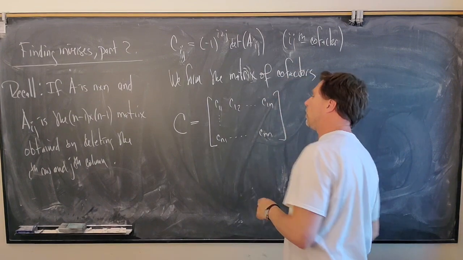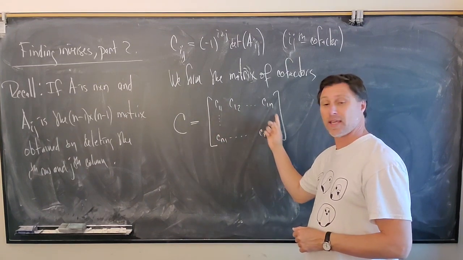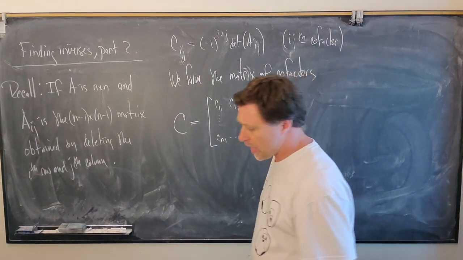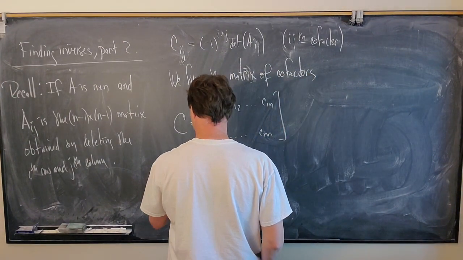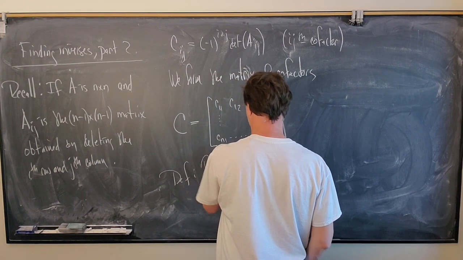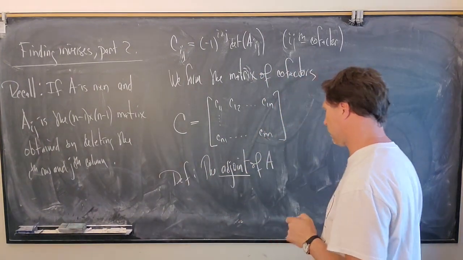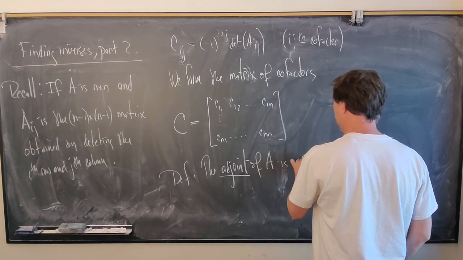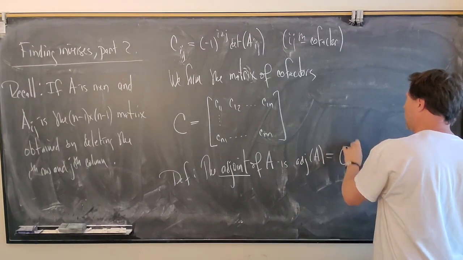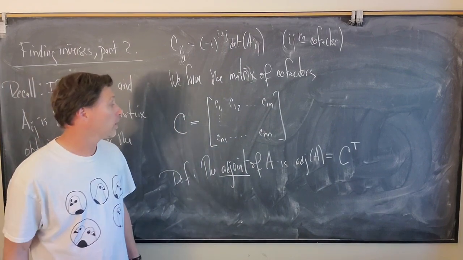So this matrix of cofactors is the n by n matrix that you get by writing cofactors in each of the corresponding positions. This is called the matrix of cofactors. And then we'll say, definition: the adjoint of the matrix A, which we write adj of A, is the transpose of the matrix of cofactors. That has a special name. It's called the adjoint.